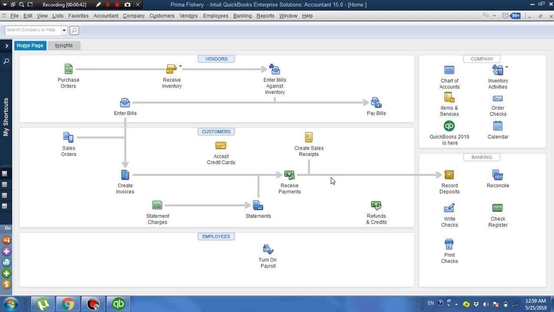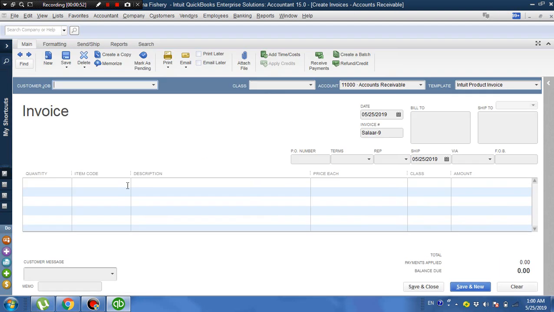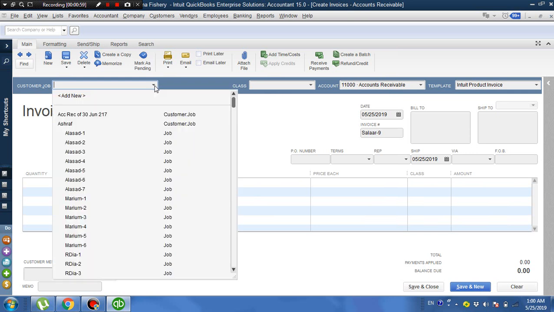So let us make a new invoice. We'll go to Create Invoice. This is the window in which we'll create an invoice.